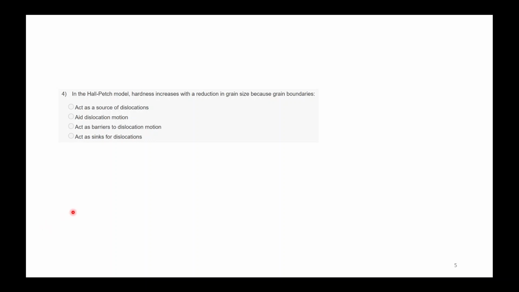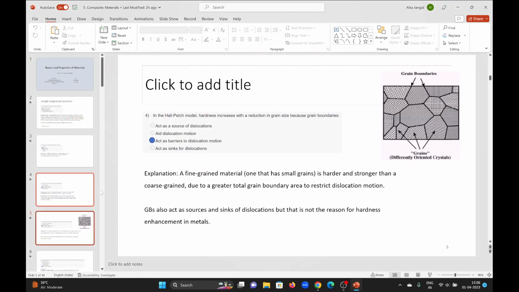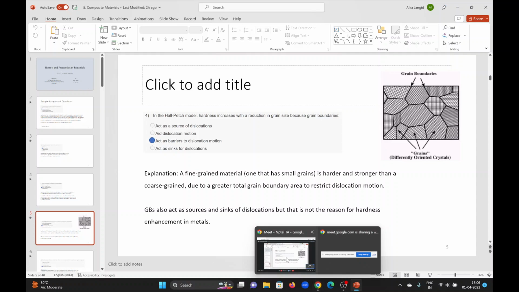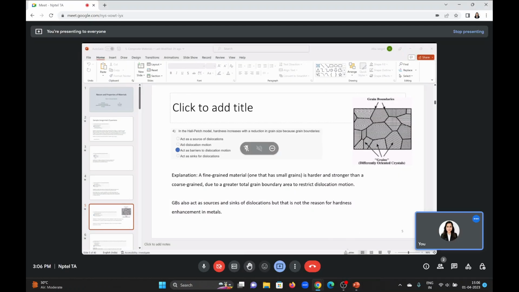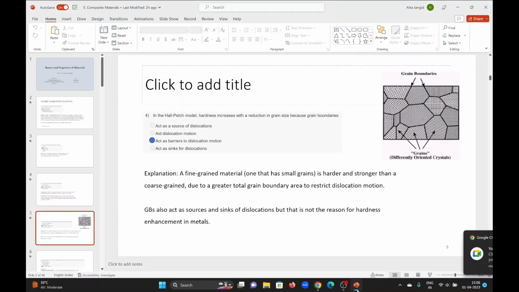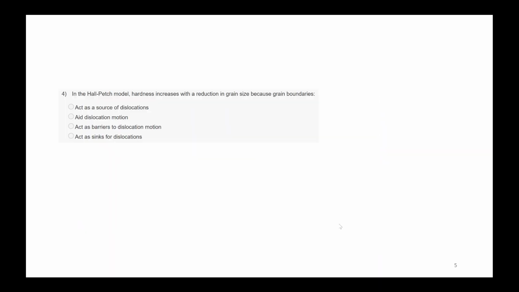Now the fourth question is: in the Hall-Petch model, hardness increases with a reduction in grain size because grain boundaries.